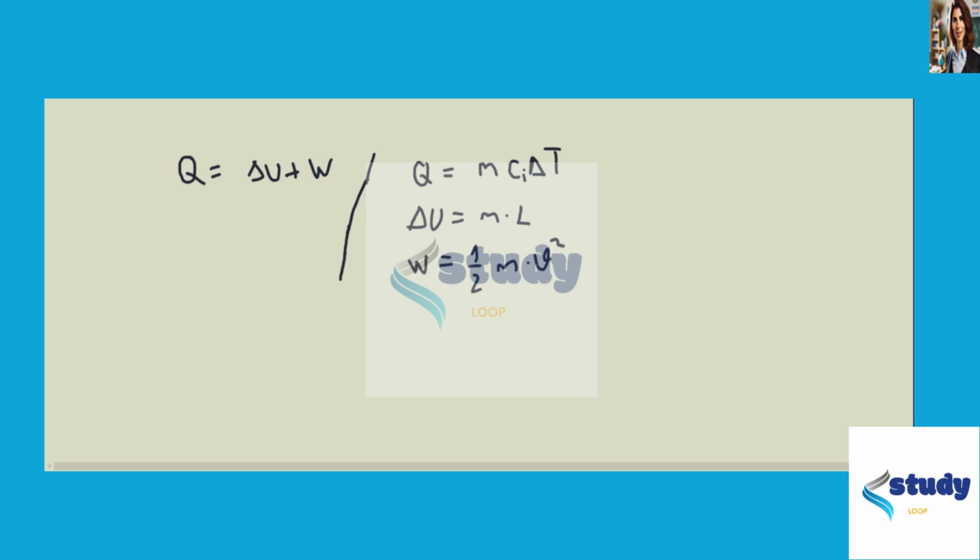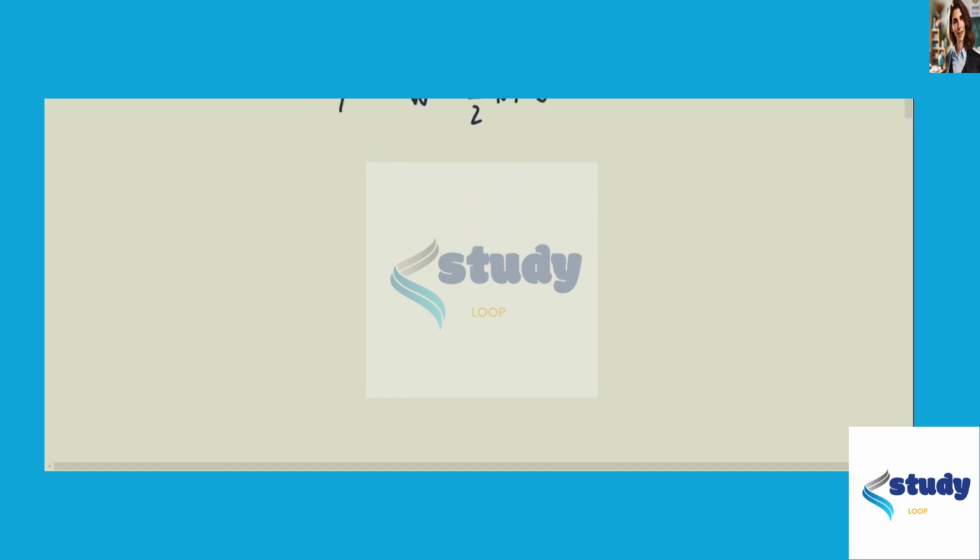Plugging all of these substitutions into the first law of thermodynamics, we obtain the next form of the equation: m C delta T equals mL plus 1/2 mass times velocity squared.